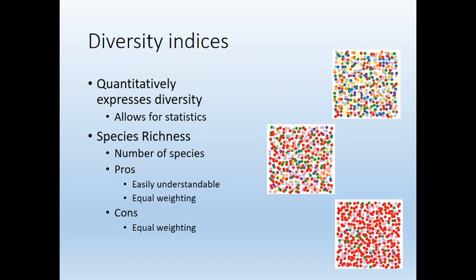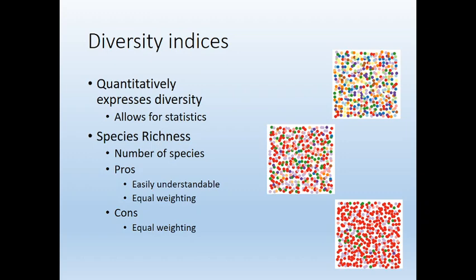So species richness is really good. It's super easy to understand, the number of species. Look at these 3 little communities. Think of different colors as different species. We know that the top box has higher species richness than the lower box. It's also more even than that lower box.